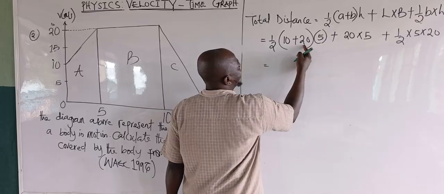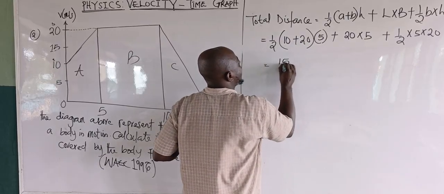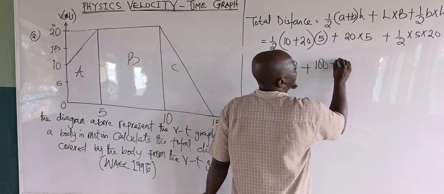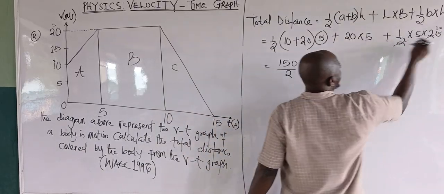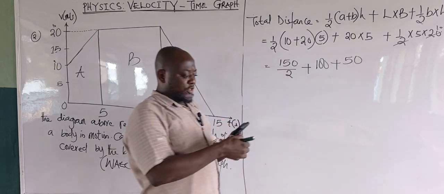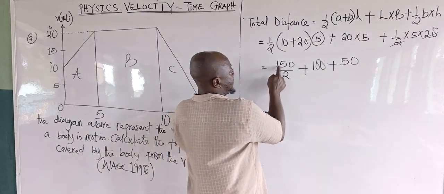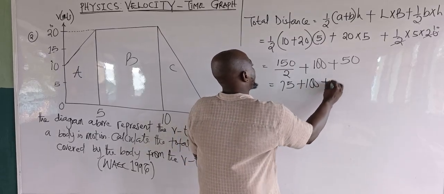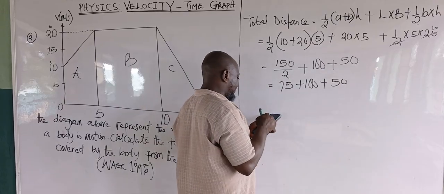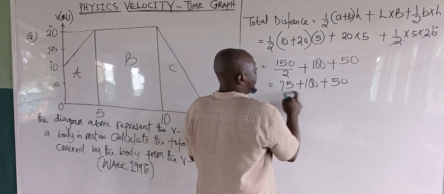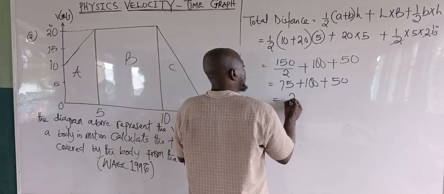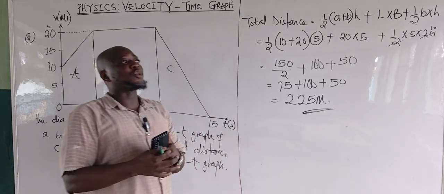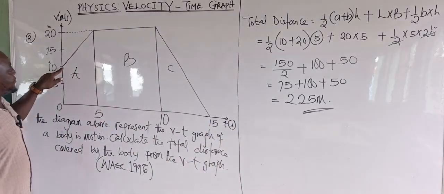So from here, I have 30. 30 times 5 gives us 150 all over 2, which gives 75. Then this one is 10 times 5, which gives 50. So I have 75 plus 100 plus 50, which gives us 225 meters. This becomes the total distance covered by the body.